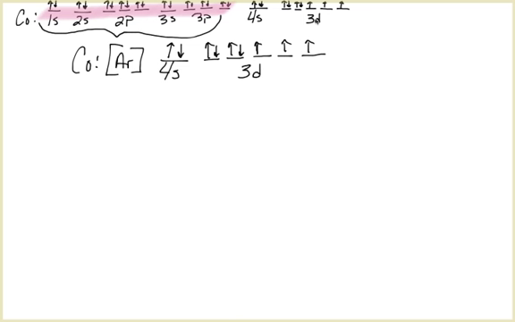Let's do one more. We will do, in this case, antimony. So antimony is element number 51. Its symbol is Sb. The previous noble gas, and we can only do the shortcut with the noble gases, which are those elements in group 18, is krypton. So we put Kr in brackets.